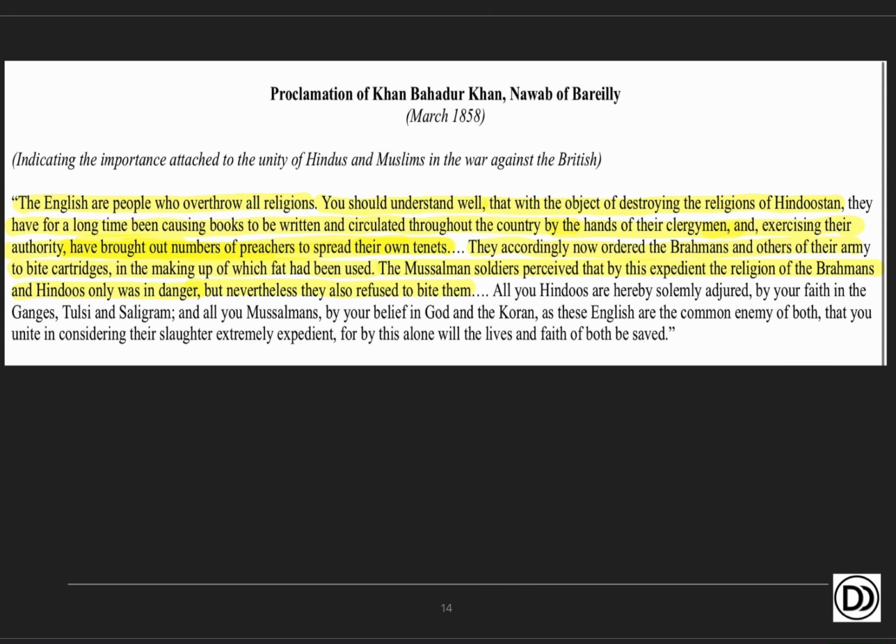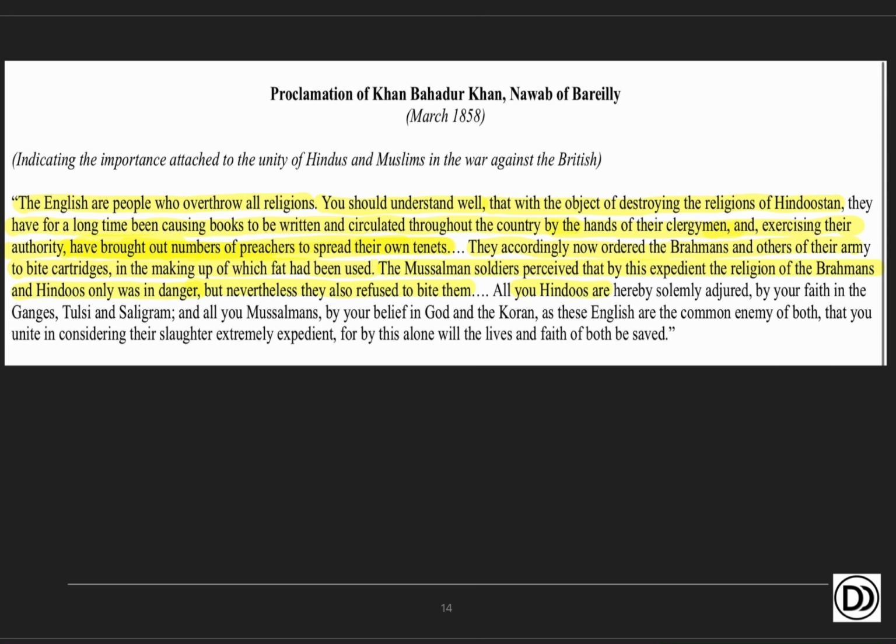He says that Hindus and Muslim both were threatened. The religion of both was in jeopardy, so they both refused to bite them.